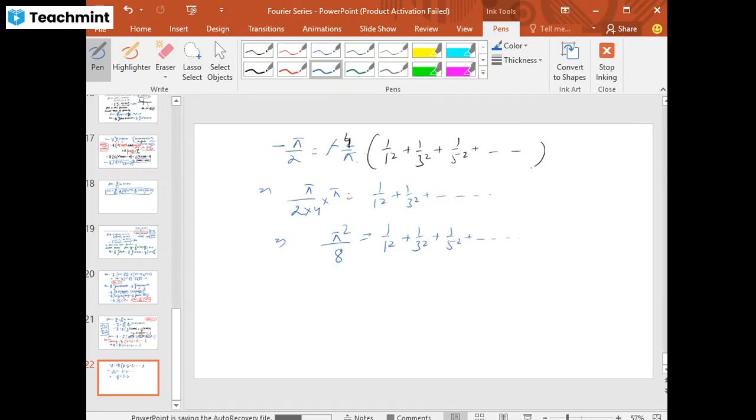If I want to write this expression in a compact form, I can rewrite it as the summation of 1 upon 2n minus 1 whole square, which is equal to pi square by 8, where n varies from 1 to infinity.